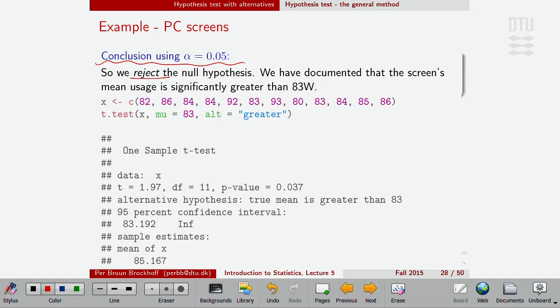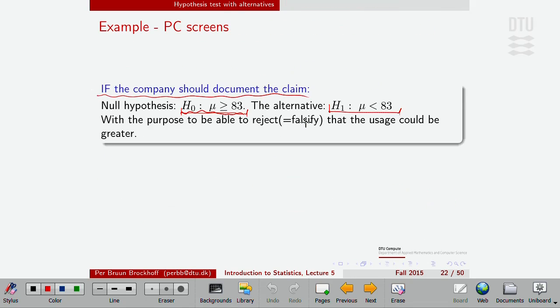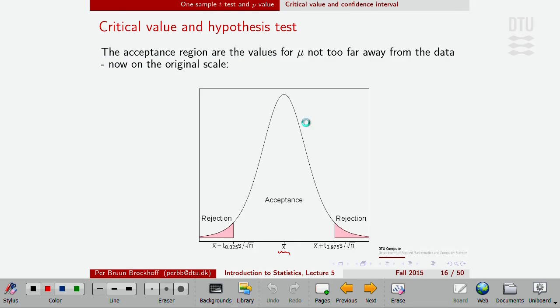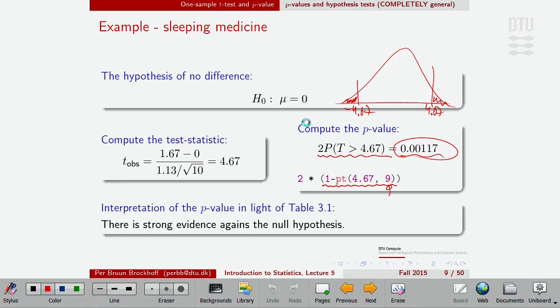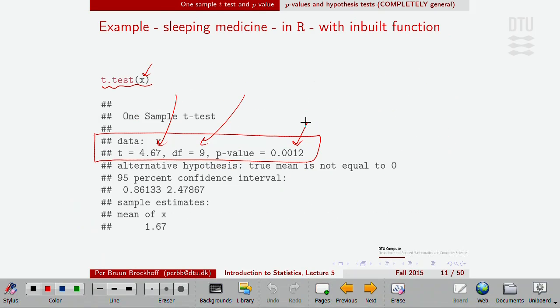This could be done in R, like this. Remember when I didn't write anything but x? If I now run very fast back to my slide showing you what happened, maybe not a good idea, but now I did it. What happened in R when I just plugged in the x and didn't tell R anything about what it should do?